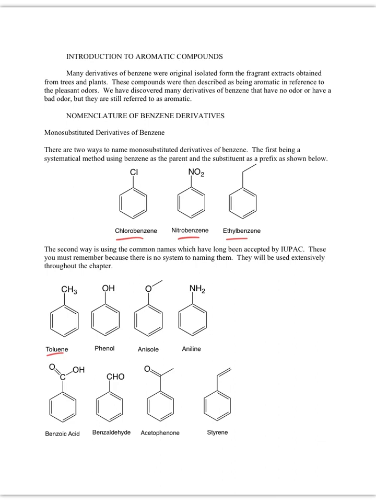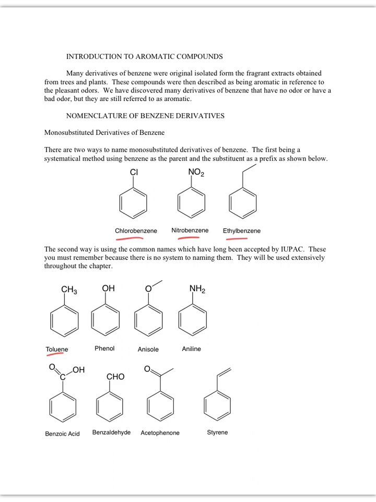So there are common names that a lot of them have, that you're more likely to find the compound under if you go looking for it. And on the test you can use either the IUPAC or the common name to name things, and that's fine.